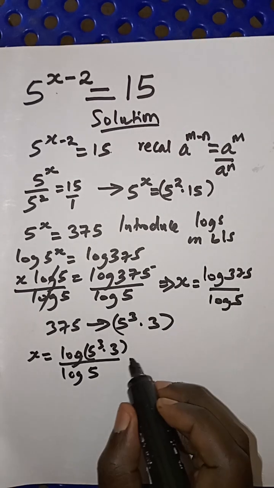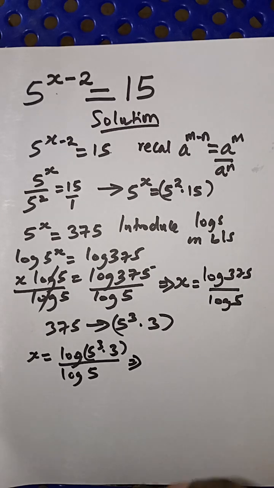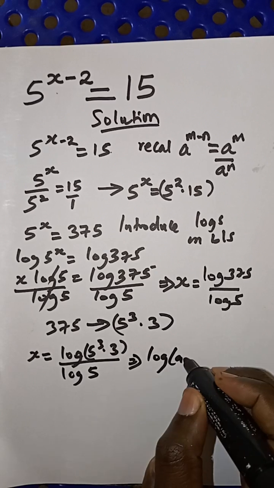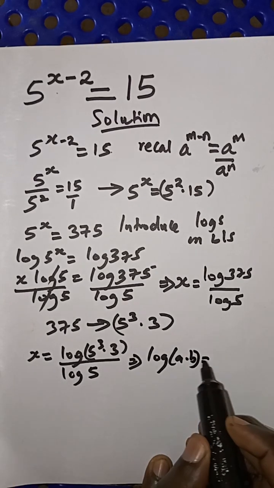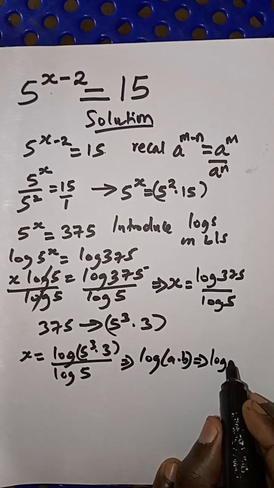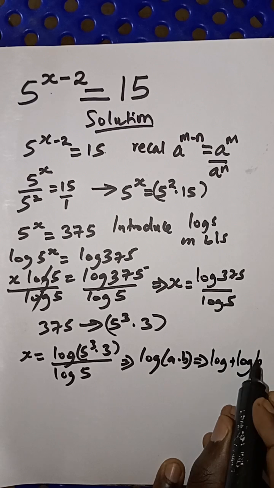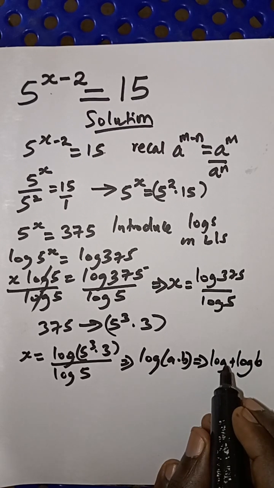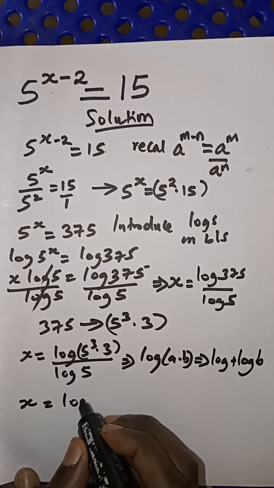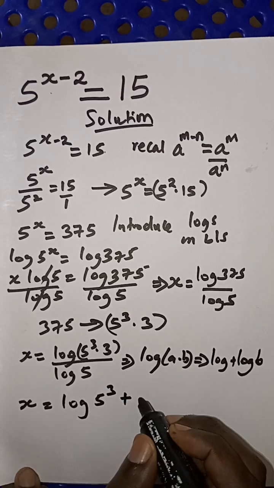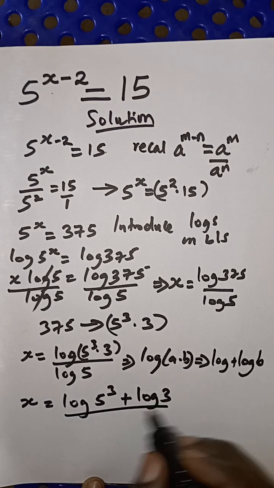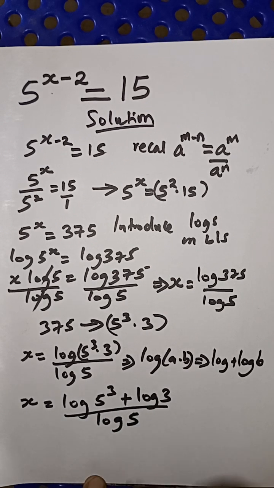You also need to recall another law, which says that the log of a multiplied by b can be re-expressed as the log of a plus the log of b. Applying this, x changes to the log of 5 power 3 plus the log of 3, all divided by the log of 5.